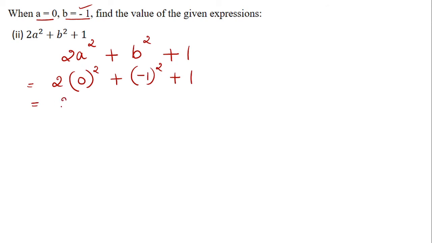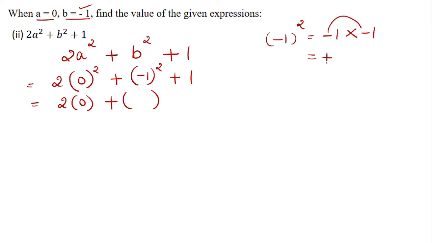So that's equal to 2 into 0 square is 0, right? Plus minus 1 whole square is equal to minus 1 into minus 1. Minus into minus is plus. 1 into 1 is 1.